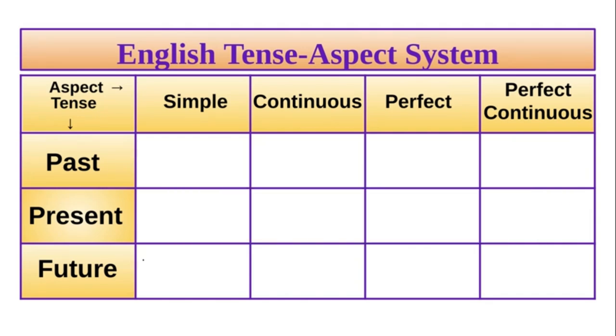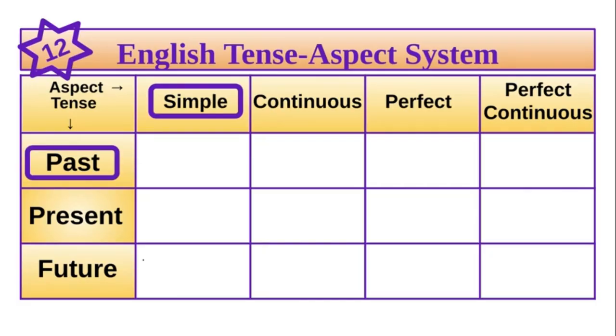All right. There are 12 tense aspect combinations. The simple aspect combinations are read by stating the aspect first. When you read these combinations, you're going to read the aspect first, followed by the tense.